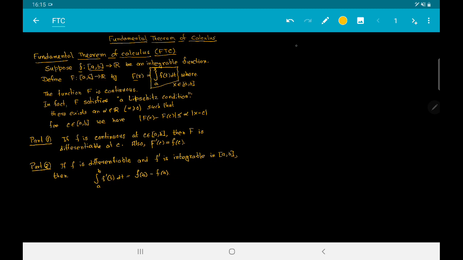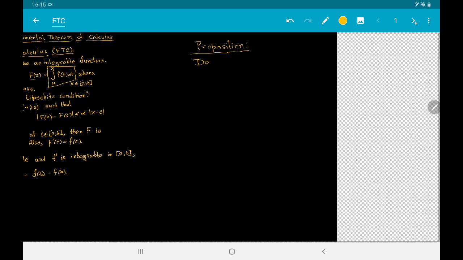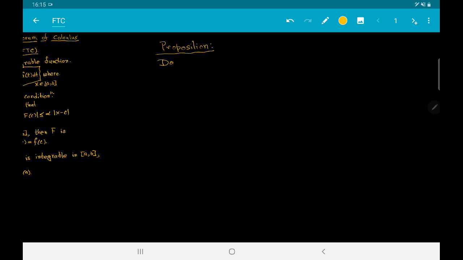There is a result, let me call it a proposition, and the proposition is called domain additivity of Riemann integrals. So what does this say?